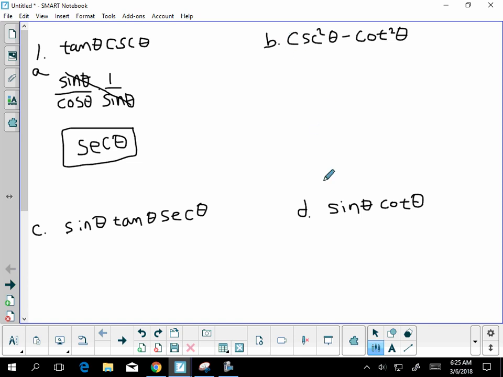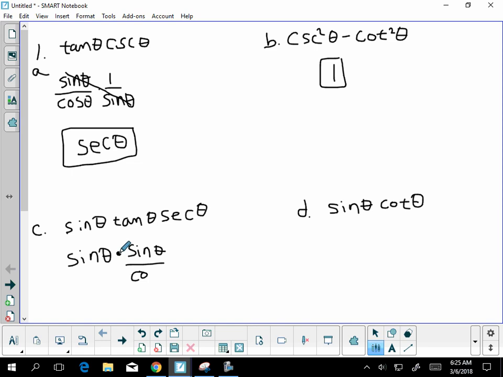For part B, I have cosecant squared theta minus cotangent squared theta. And that is really just your Pythagorean identity. That would simplify down to 1. Letter C, again, I'd probably go ahead and write this in terms of sine and cosine. So I'm going to have sine theta times sine theta over cosine.